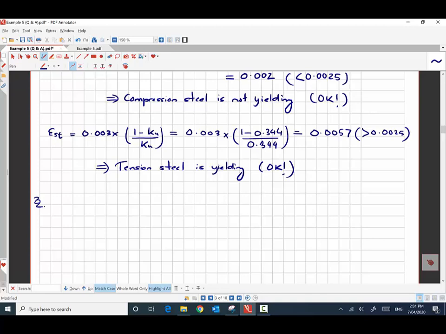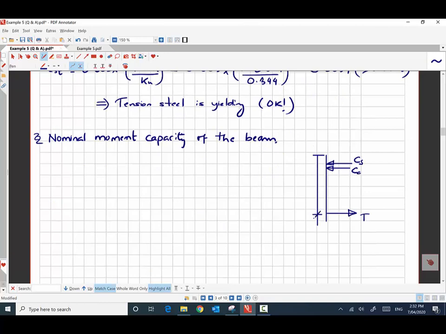So to find the nominal moment capacity of this beam, looking back to the force profile as shown here, there are three forces: tension force in the tensile steel, compression force taken by the concrete, and the compression force taken by the steel.